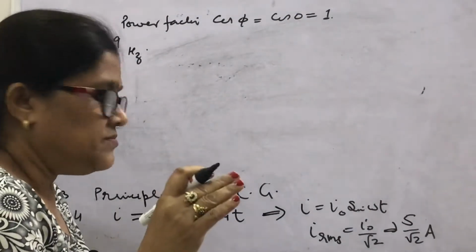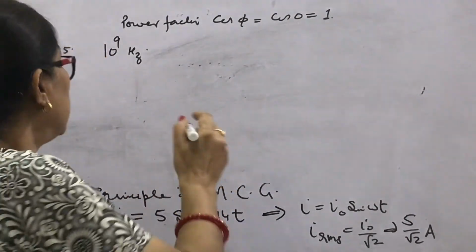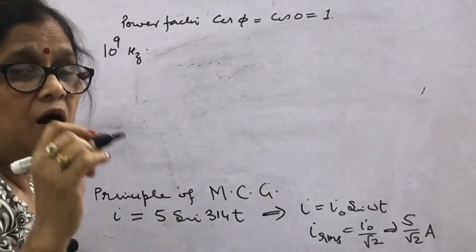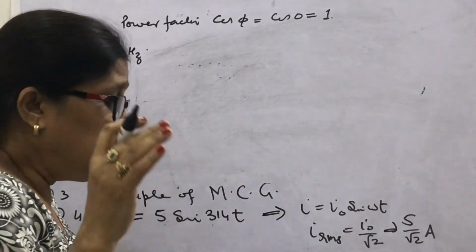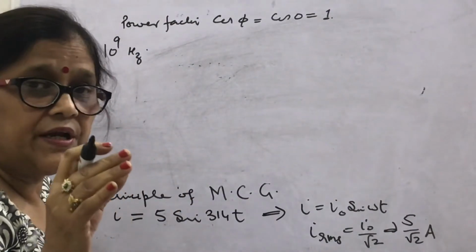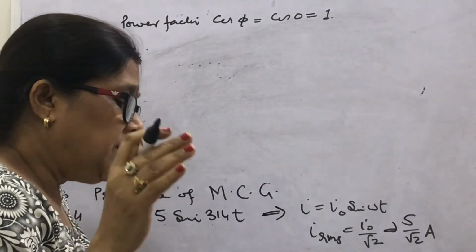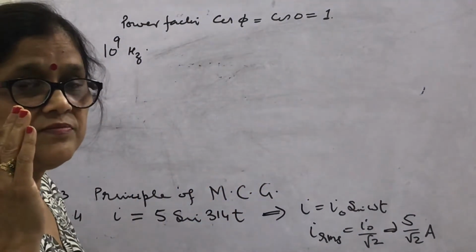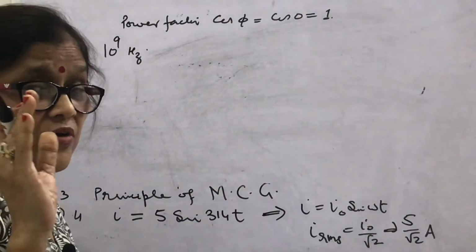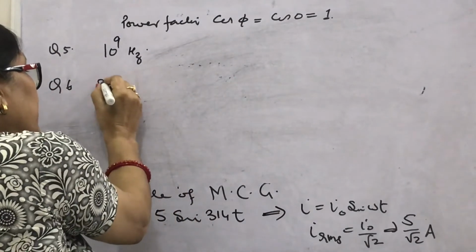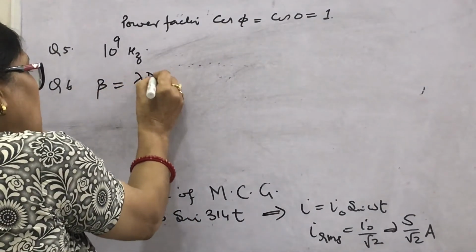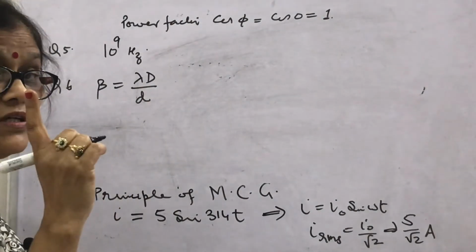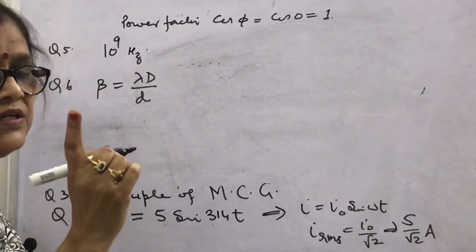Next question, question number 6. In Young's double slit experiment, how is the angular fringe width affected if the screen is moved closer to the plane of the slits? Now, all of you know the fringe width is given by beta equal to lambda D upon d. But read the question. Angular fringe width is asked.